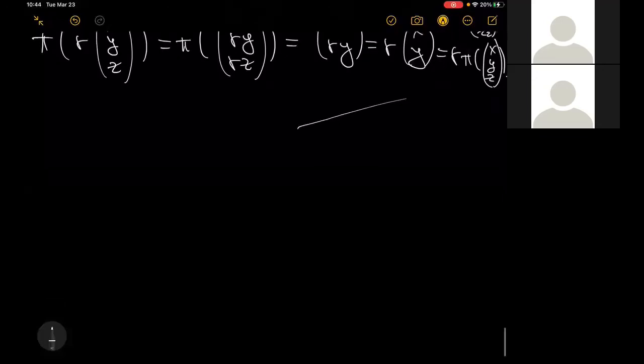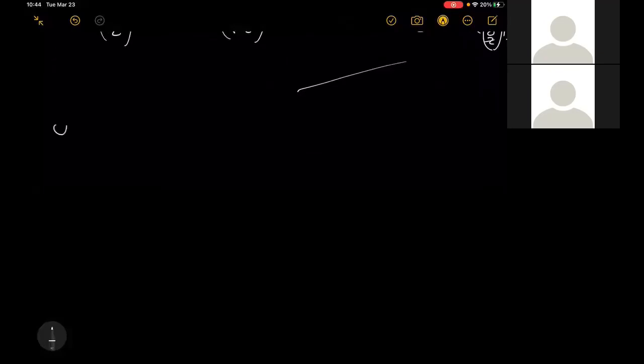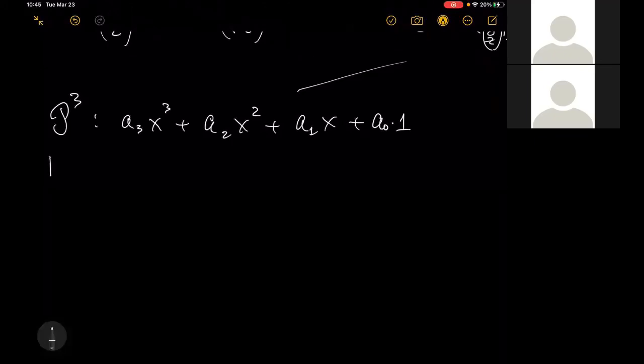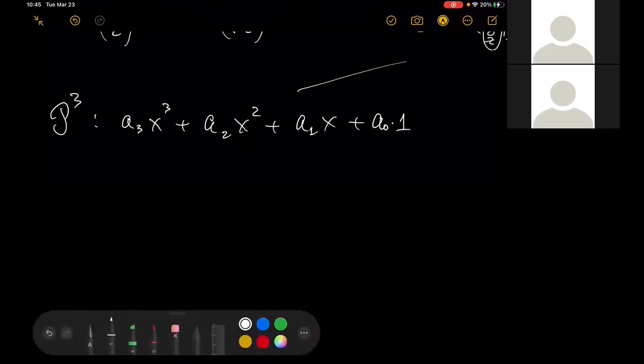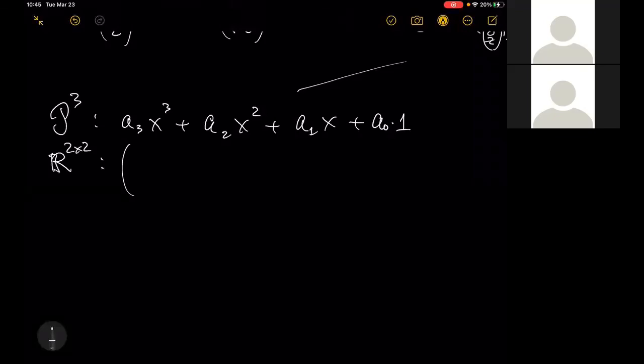Okay, very simple example. Let us consider P3, a3 x cubed plus a2 x squared plus a1 x plus a0 times 1, right? And let us consider R, 2 by 2 matrices, so essentially a11, a12, a21, a22.